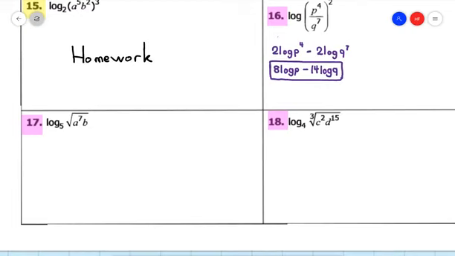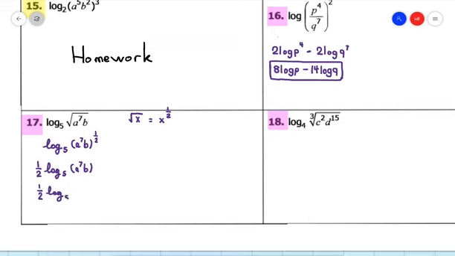On 17, we've got a square root, which we know means that the square root of x is x to the 1/2 power. So we really have log base 5, a to the 7th, b to the 1/2 power. So I'm going to take 1/2 and move it to the front: 1/2 log base 5, a to the 7th, b. And I know a to the 7th and b are multiplying, so I can separate those.